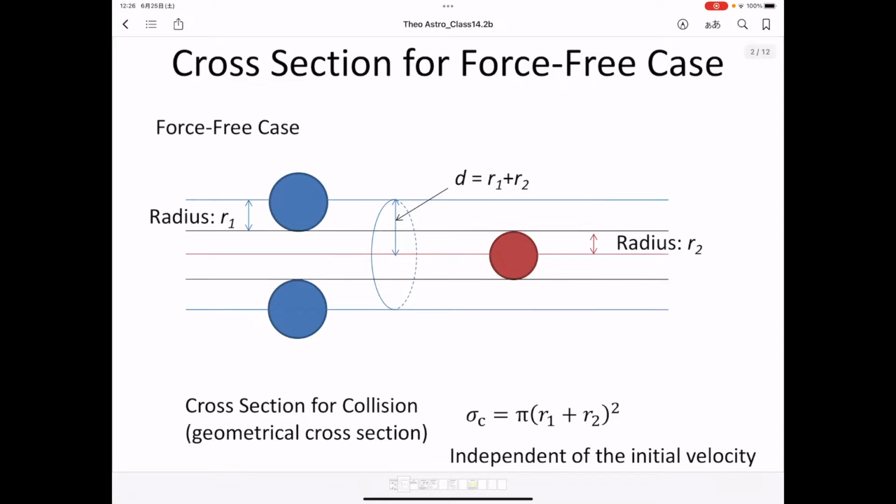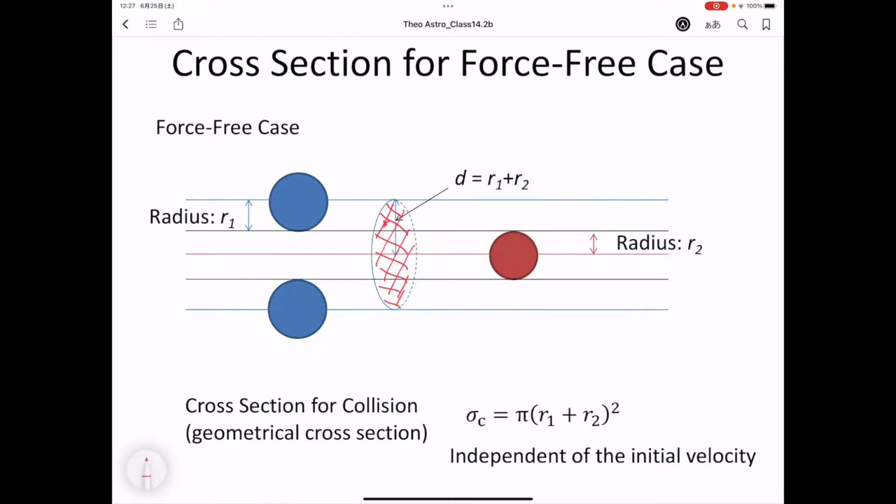When the distance between the two centers, d, is less than the sum of the radii of the two spheres, r sub 1 plus r sub 2, then we expect a collision of the two spheres. For example, if the center of the blue sphere is in this position, we expect a collision between the two spheres in the future. This area we call the cross-section.